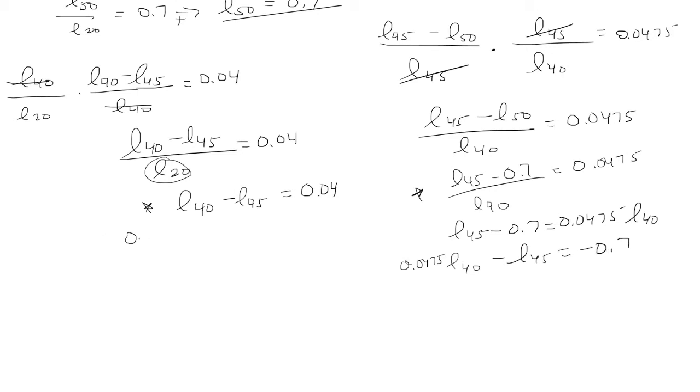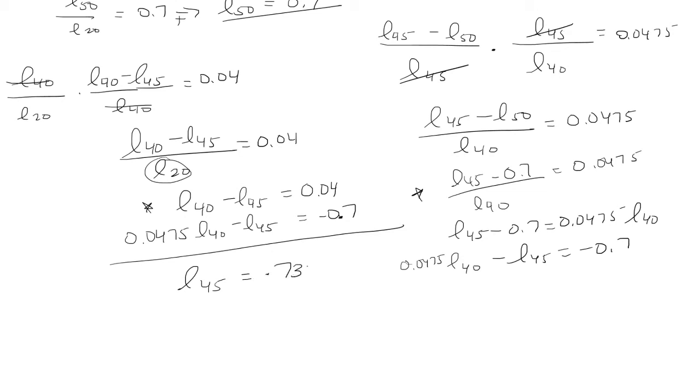I'm going to write that underneath this other equation. So we have a system of linear equations with two unknowns. Here you can use elimination or substitution. Either way, you'll end up getting that L45 will be 0.736903.